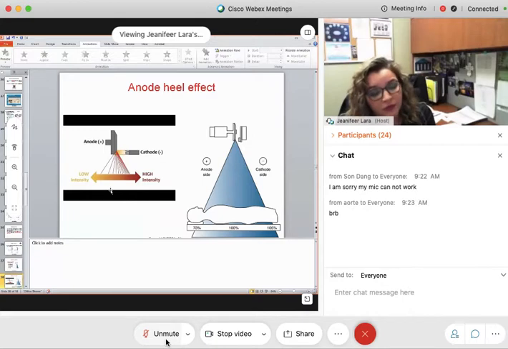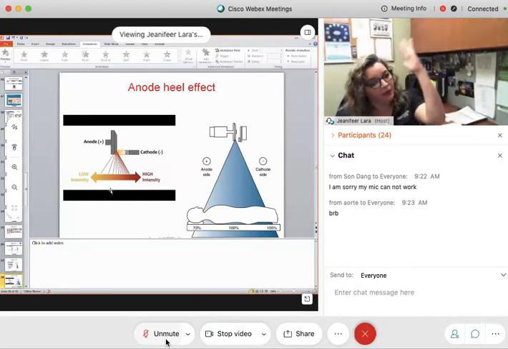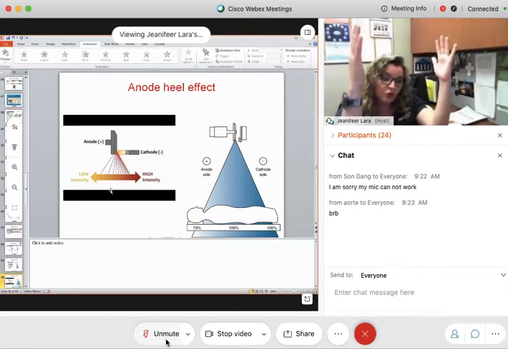When you walk into an X-ray room, the anode is likely to be at your left while you are facing the X-ray tube, the tube head assembly. Anode is to your left. Cathode is to your right. Okay?